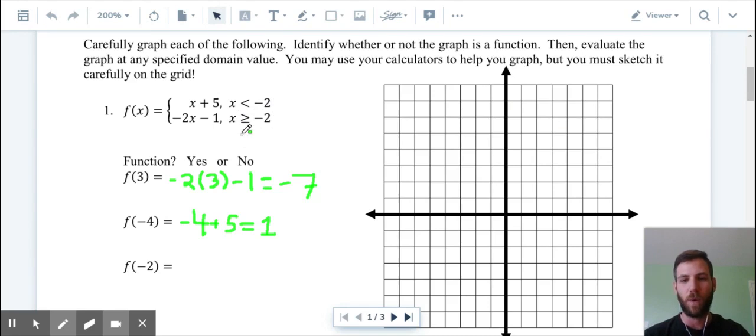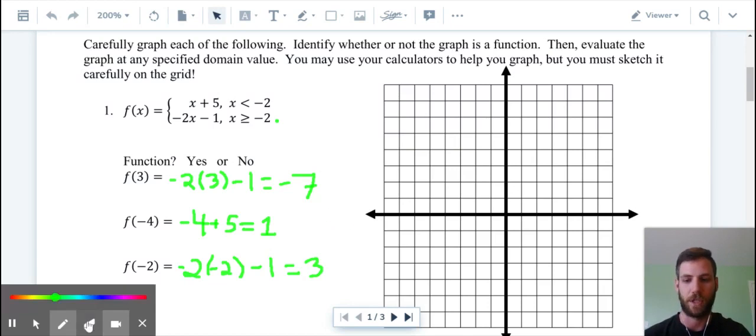And you just have to think about what those symbols mean. Negative 2 is definitely equal to negative 2, so it fits the second version. And I would do negative 2 times negative 2 minus 1, which ends up being equal to 3. So that is the basics right there already of being able to evaluate a piecewise function.